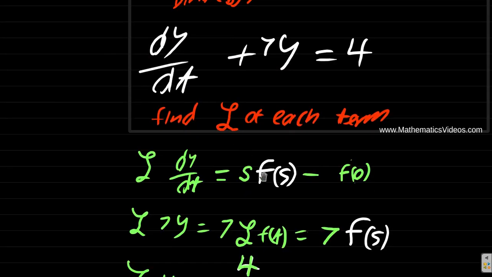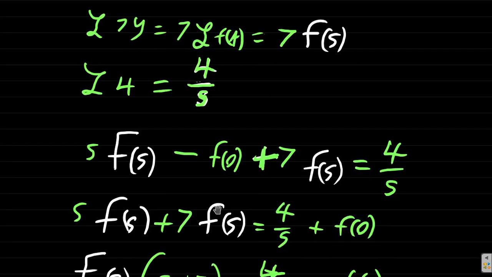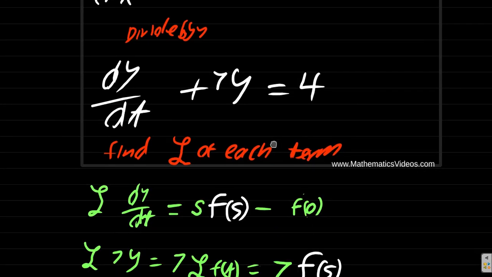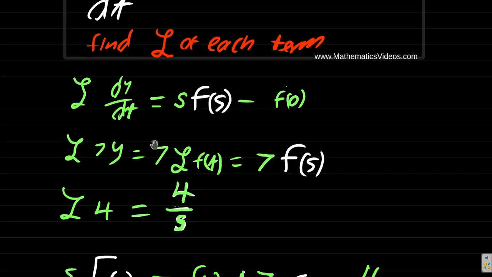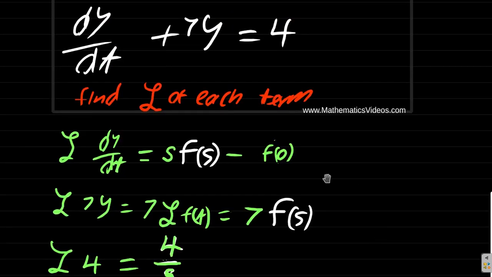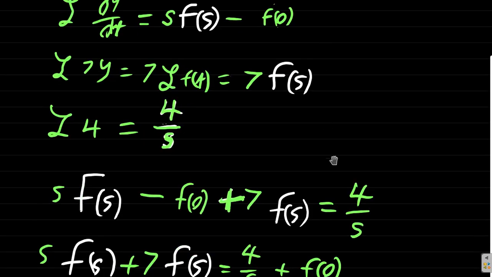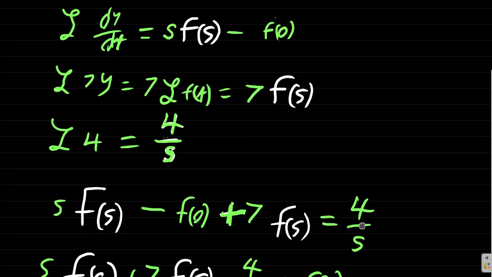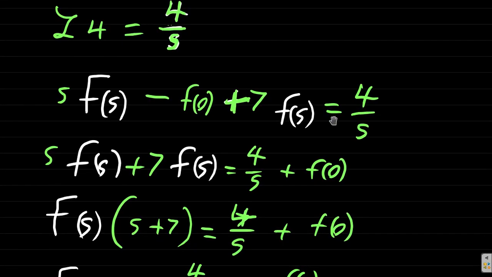The Laplace transform of dy by dt is s F of s minus f of 0, plus 7y, in this case 7 F of s, equals 4 over s. The Laplace transform of 4 is 4 over s.